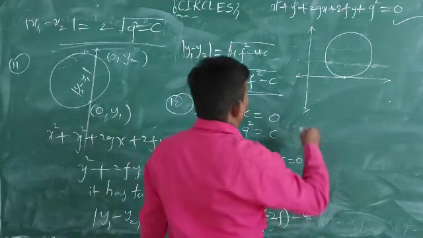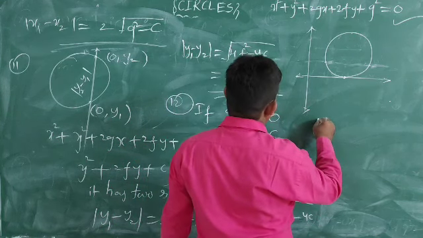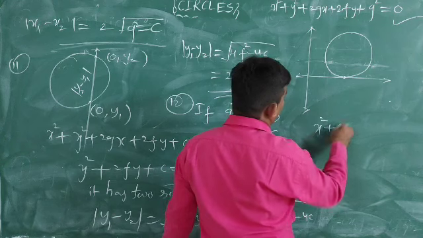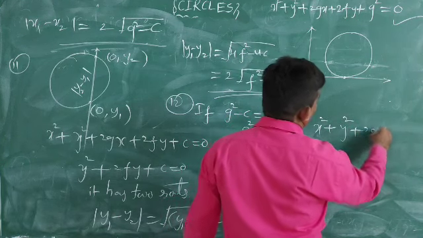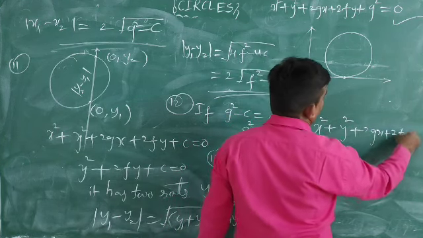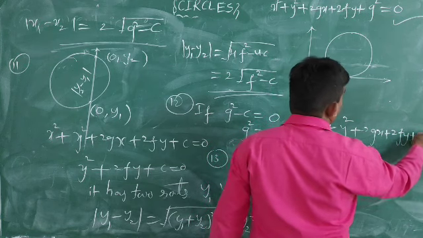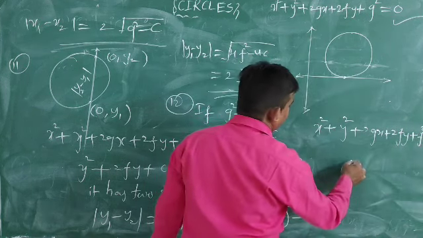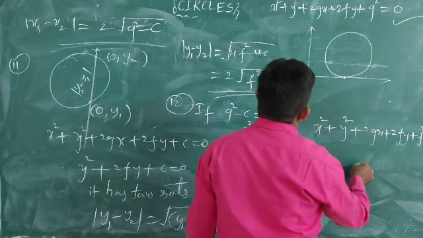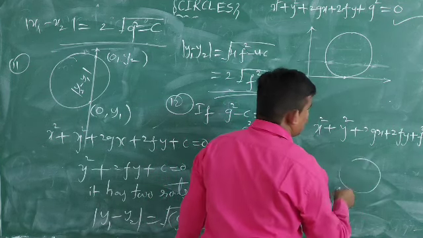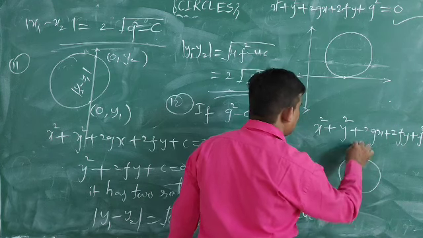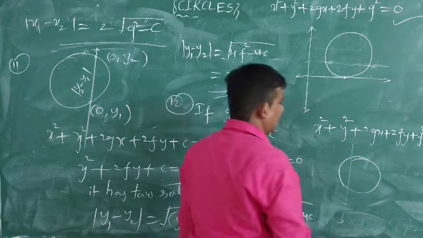And also the other one: what happens when the y-intercept is equal to 0? Its equation is x square plus y square plus 2gx plus 2fy plus c, meaning f square, equal to 0. There is no y-intercept. If you have a positive y-intercept, the y-axis must lie like this.